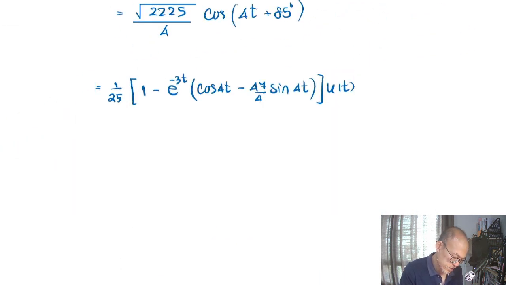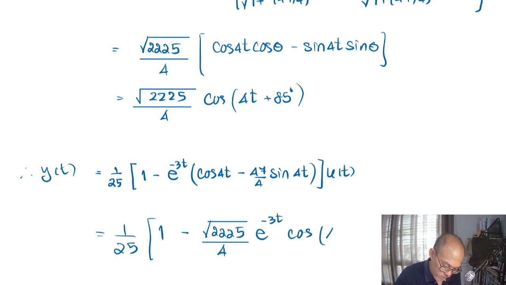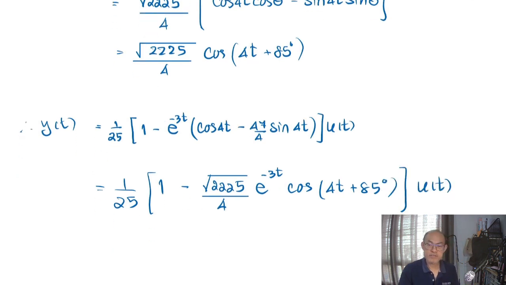So y(t) is this: 1 over 25, 1 minus square root 2225 over 4 e to the minus 3t cosine of 4t plus 85 degrees. And that would be our zero state response from this system when the input is the unit step signal.